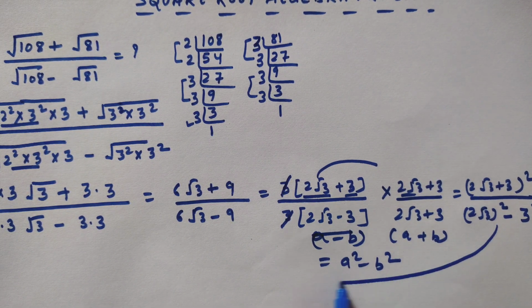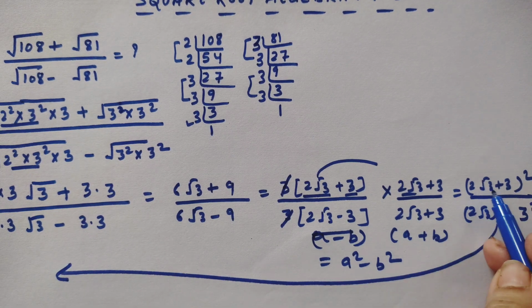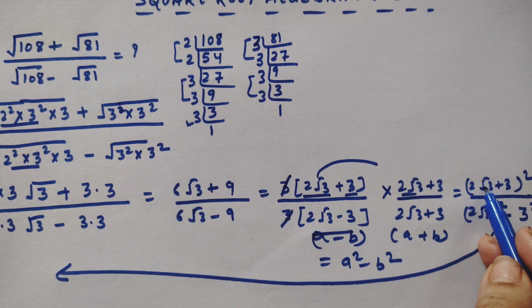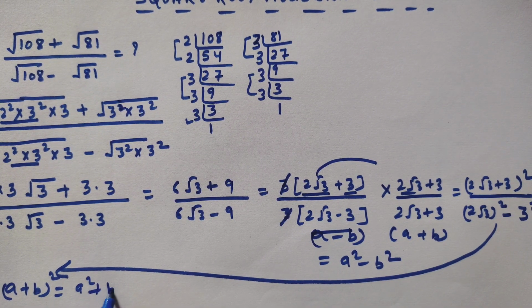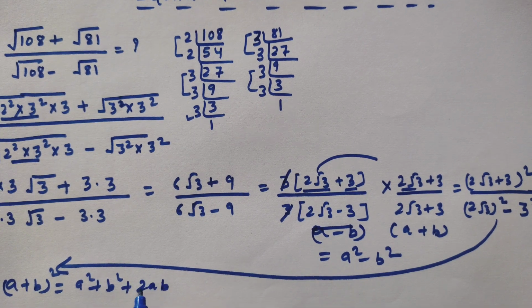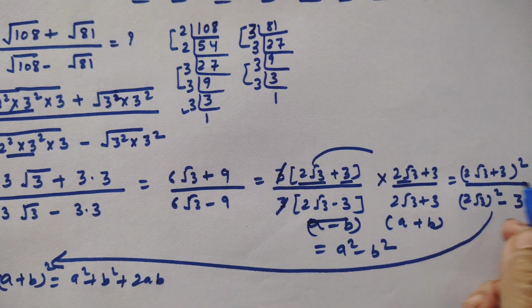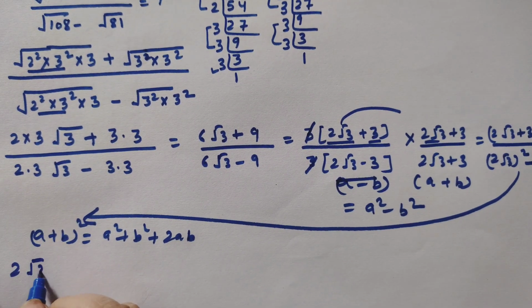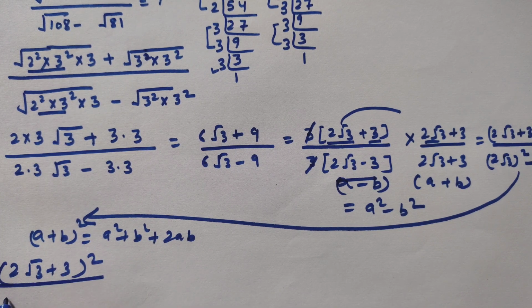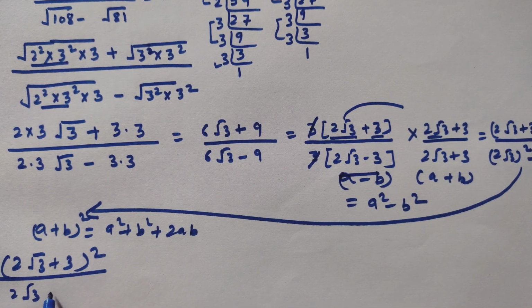Okay, after this step you can see here 2 root 3 plus 3 whole square. It means A plus B whole square. A plus B whole square is A square plus B square plus 2AB. So we will write this term here again, 2 root 3 plus 3 whole square upon 2 root 3 whole square minus 3 square.